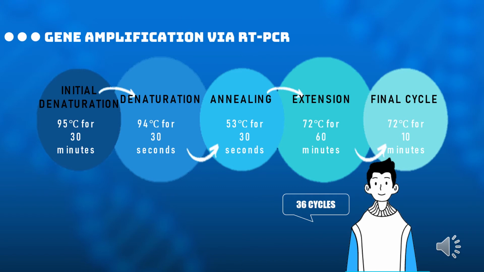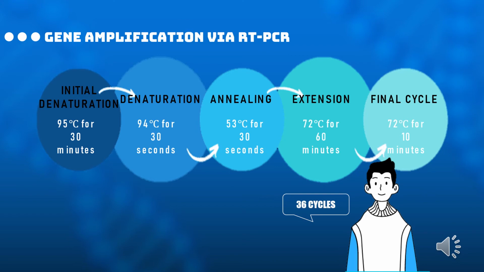The PCR used for the amplification method is the reverse transcription PCR using the hot start DNA polymerase for 36 cycles. The initial incubation of the cycle should be 95 degrees Celsius for 30 minutes. The melting or denaturation occurs at 94 degrees Celsius for 30 seconds. After denaturation, the temperature will cool down to 60 degrees Celsius.